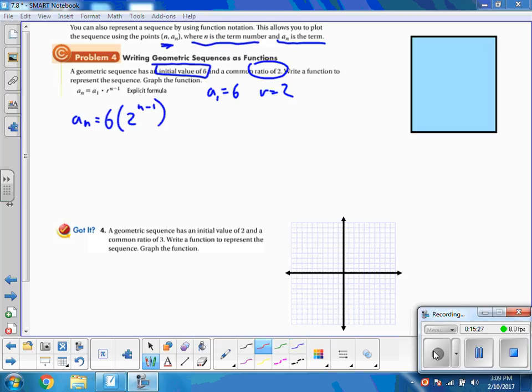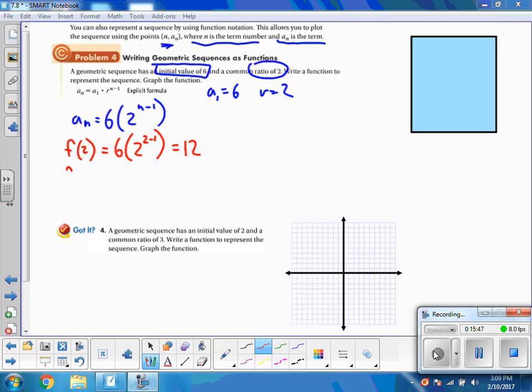So now I can build a t-chart. I could do some substitution here. Let's do a function of 2, which is basically saying n is going to be 2. So it's 6 times 2 to the 2 minus 1 power, and for that I end up with 12.